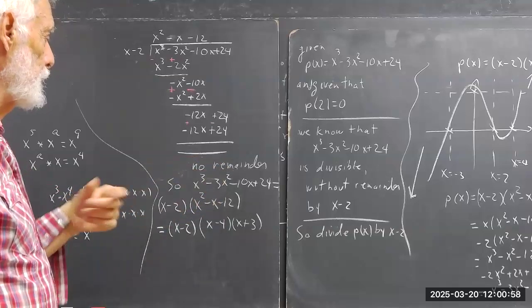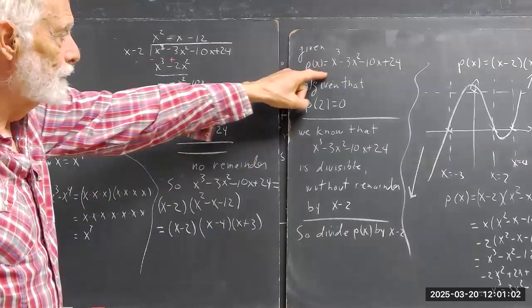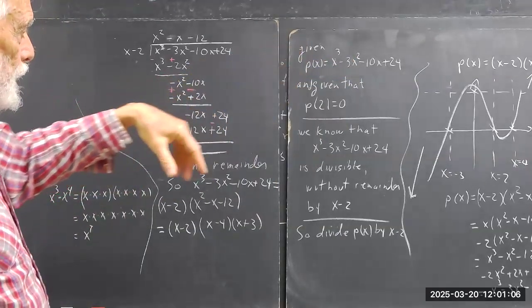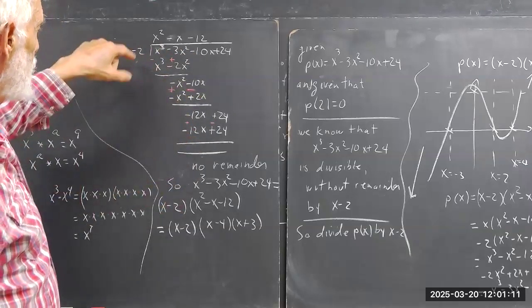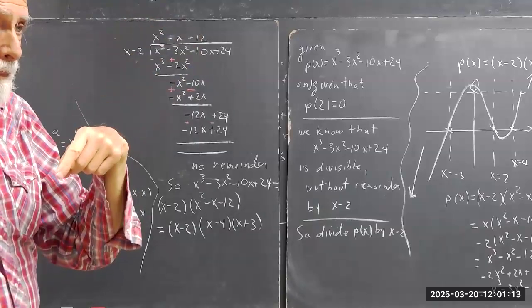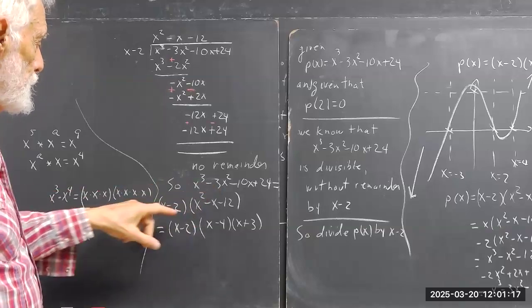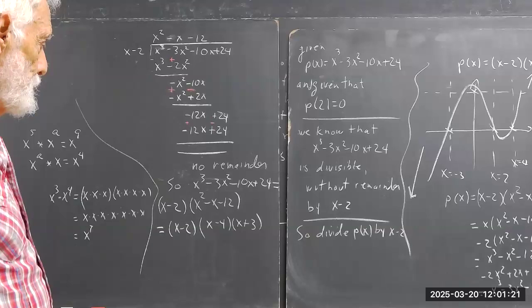Subtract, and I find there's no remainder. My conclusion is then that the original form of the polynomial, the x cubed minus 3x squared minus 10x plus 24, which we see here, is equal to this times this. So there it is. This is equal to x minus 2 times x squared minus x minus 12.